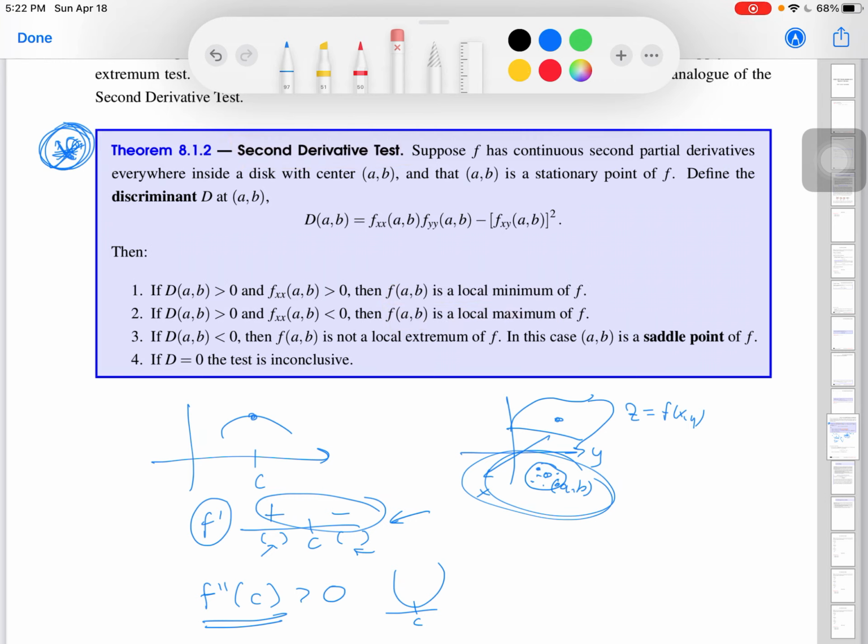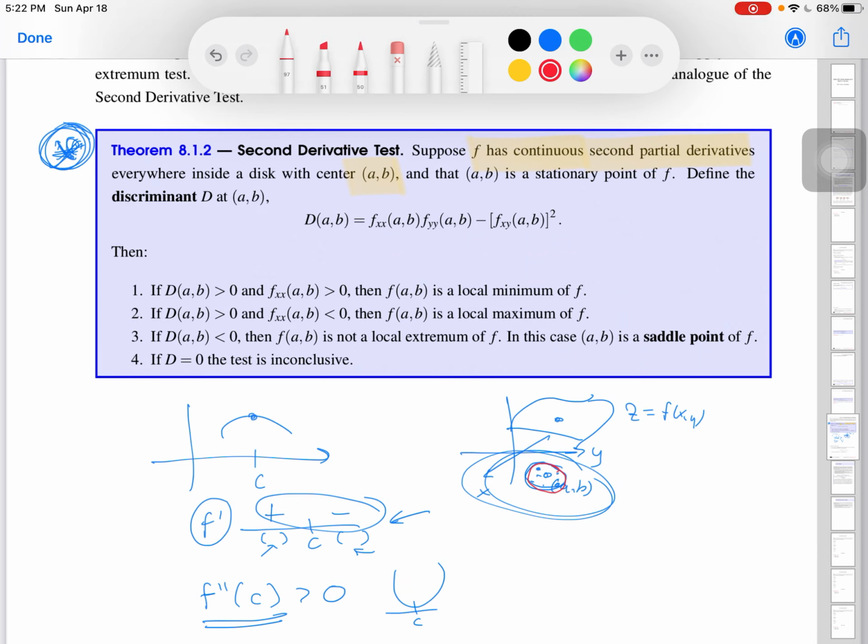Okay, so all that being said, let's take a look at what the theorem says. Suppose we have continuous second partial derivatives everywhere inside a disk with center (a, b). So that's almost what I've drawn over here. This is a disk with center (a, b), meaning a circle including its interior and the boundary of the circle.